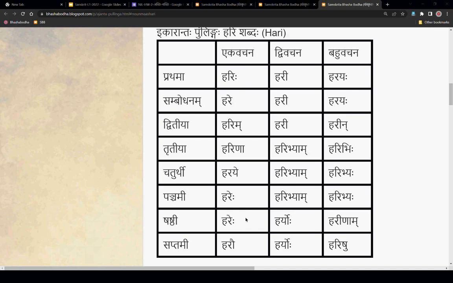Ravi is there, Agni is there. Then Atithi, Yati, Nidhi, Vyadhi, Sandhi, Jaladhi. All these are Ikaranta. They follow the same pattern.